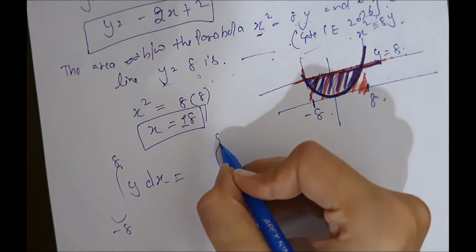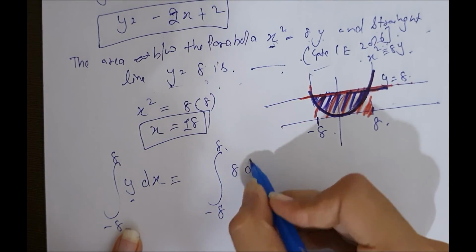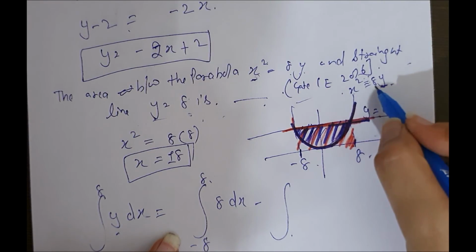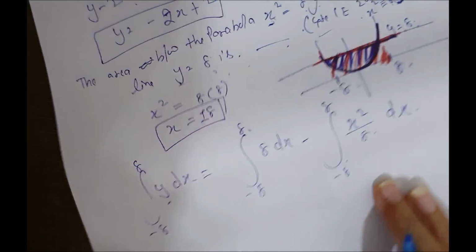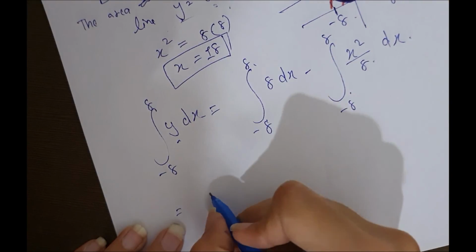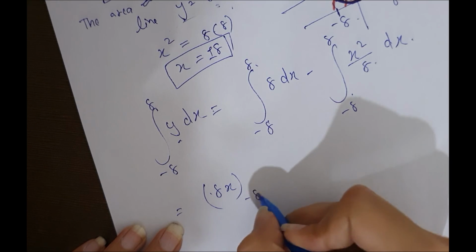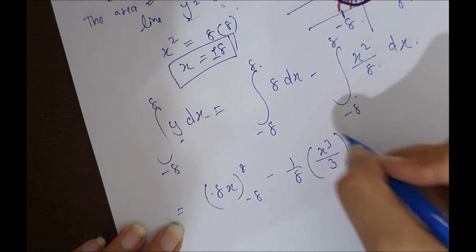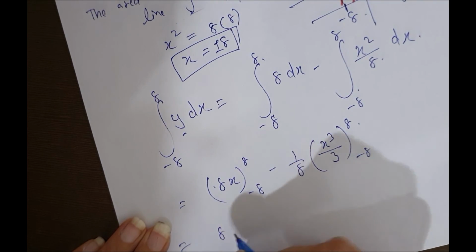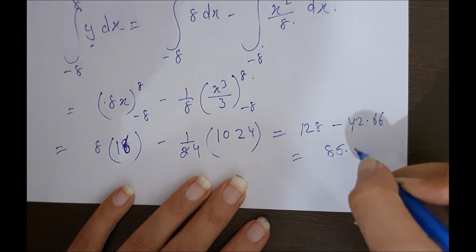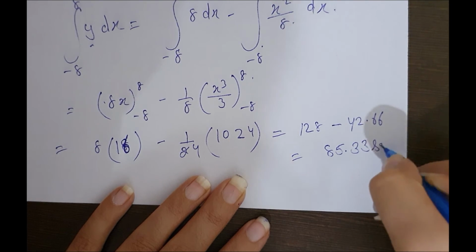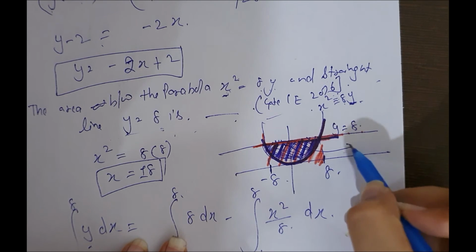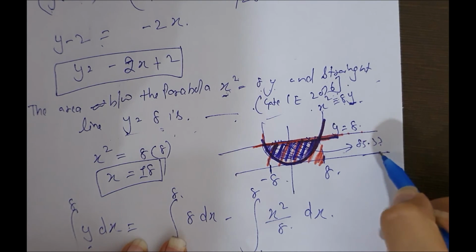So write it from minus 8 to 8, integral of 8 dx minus the integral of the value of y, which here is x square upon 8, dx. Now integrate it and you will get the result. So the answer will come out to be 85.33 square units. So the area of this common part will come out to be 85.33 square units.